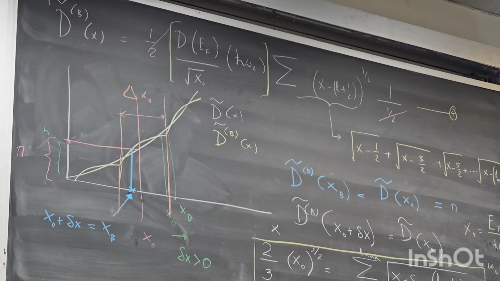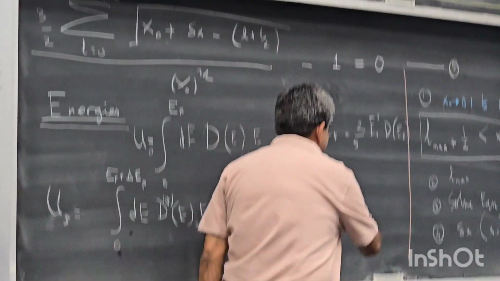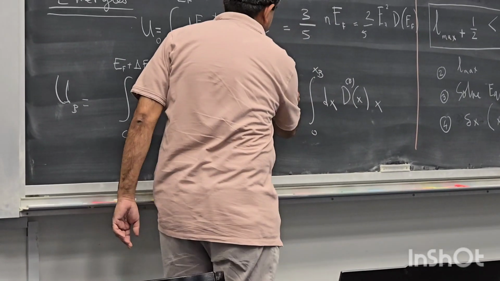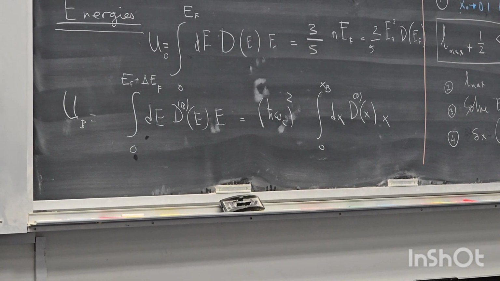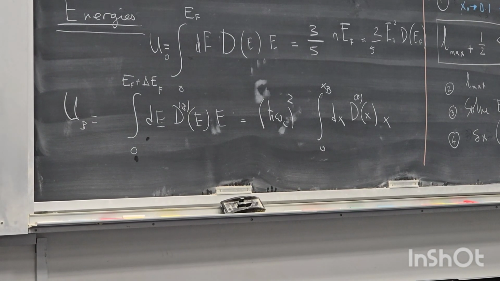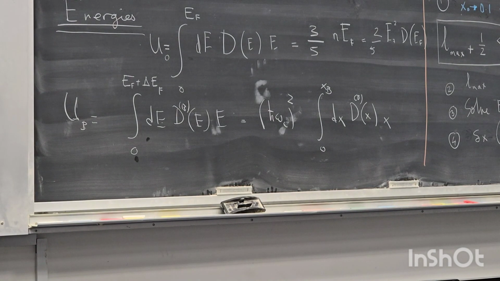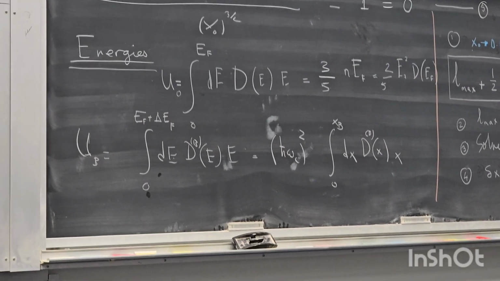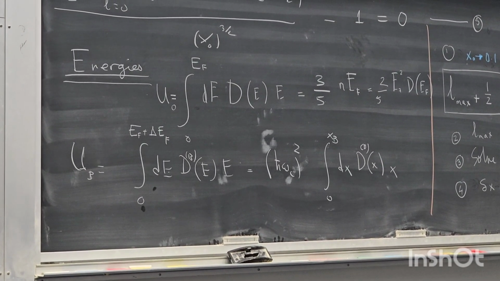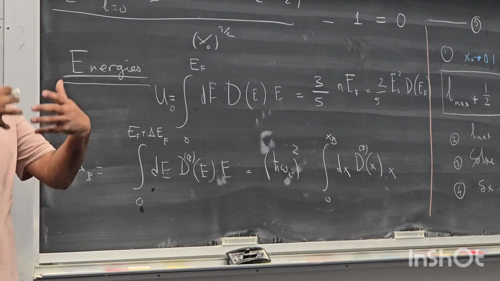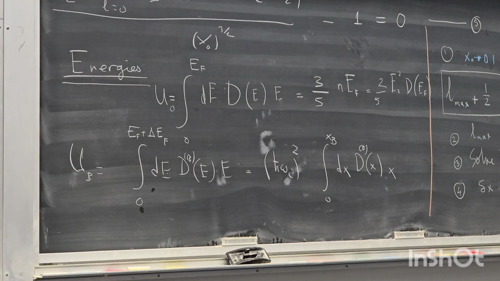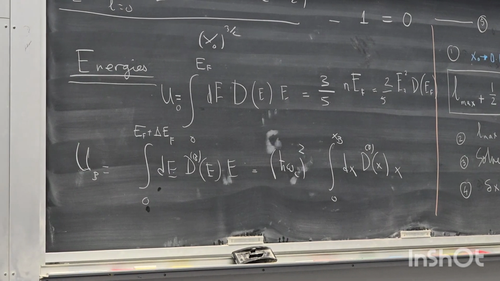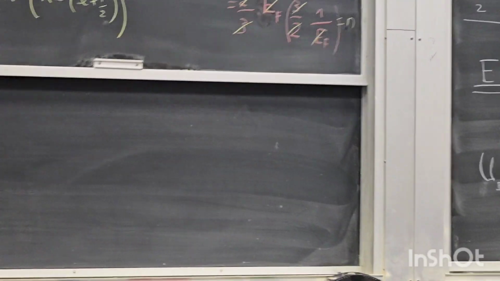And E is another x into h bar omega c, right? So I need to find out this integral. Got it? Very simple. So that I can find out the energy in the presence of a magnetic field. So let's move 1 or 2 steps further so that I can solve this integral.